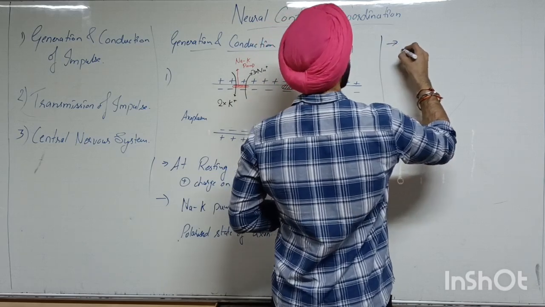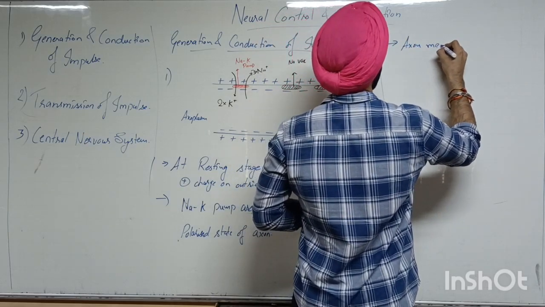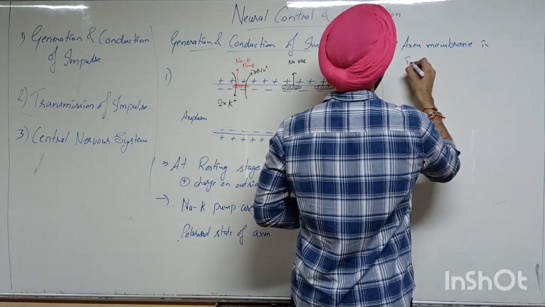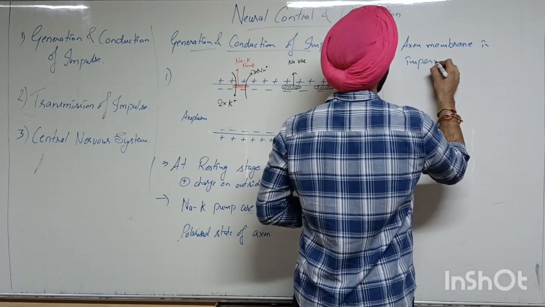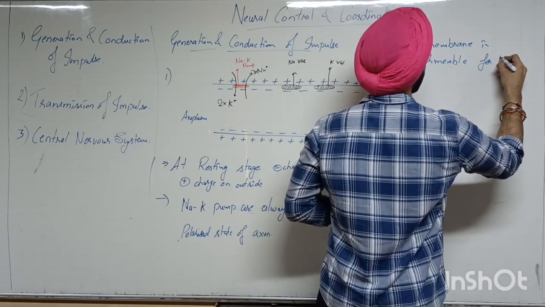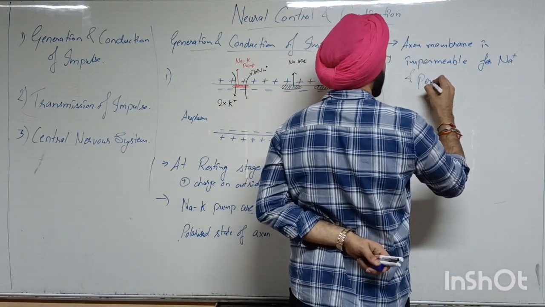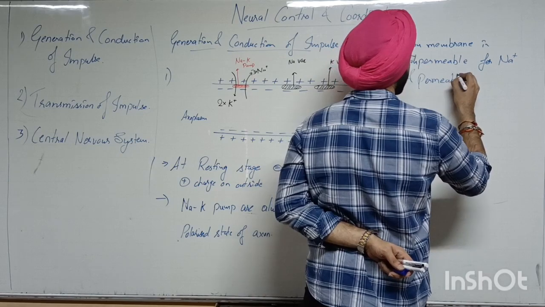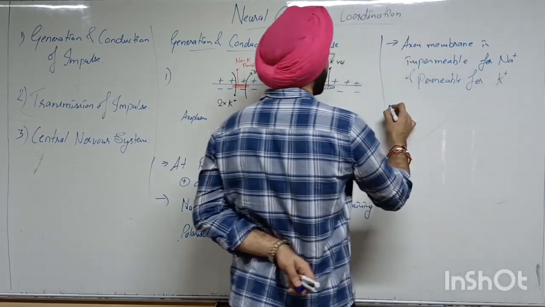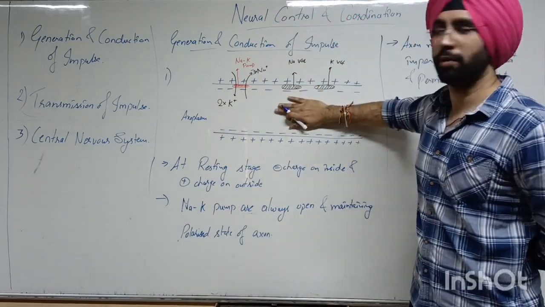The point is: axon membrane is impermeable for sodium ion and permeable for potassium ion. And again, in the axoplasm there are negatively charged proteins present, which are also responsible for such a polarized state.